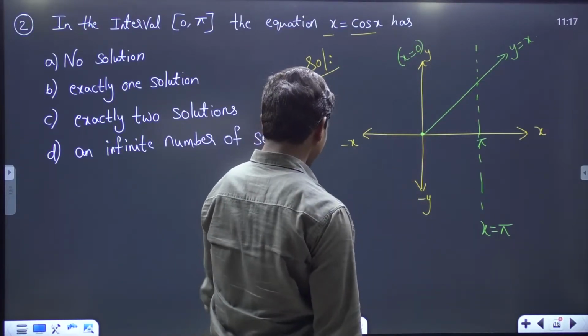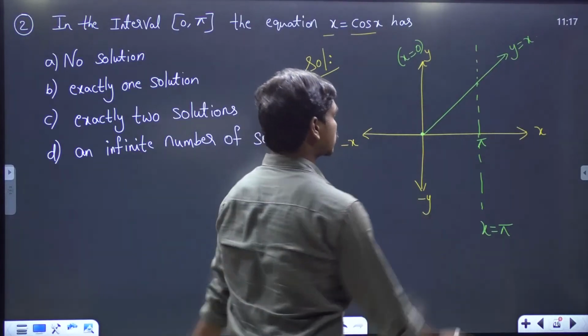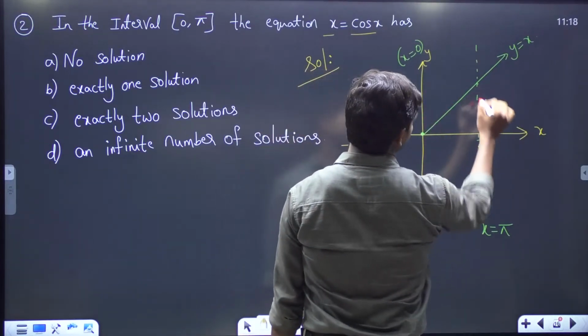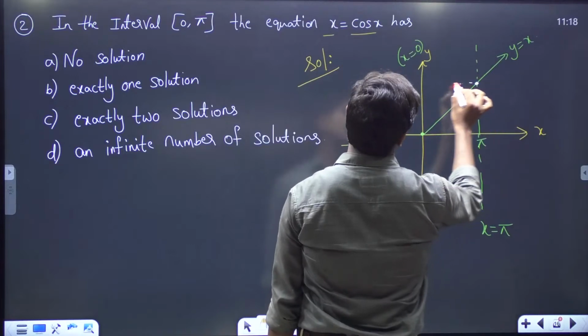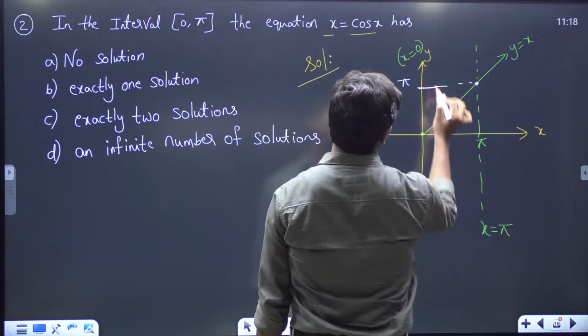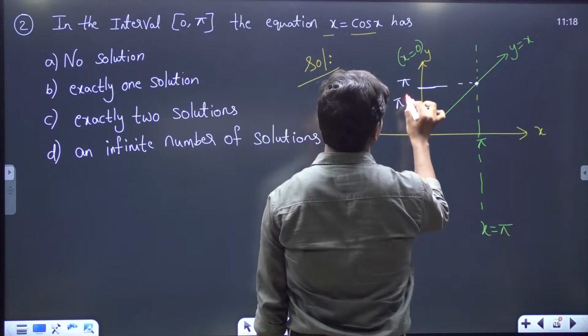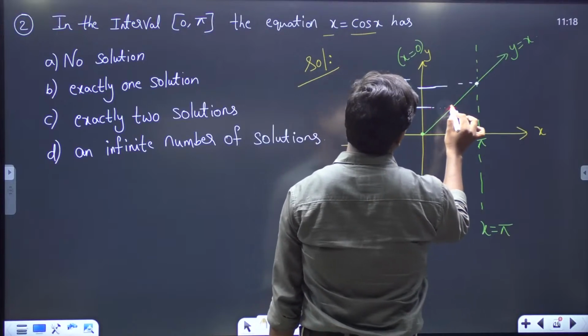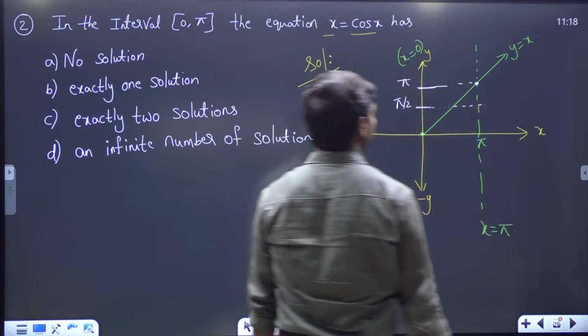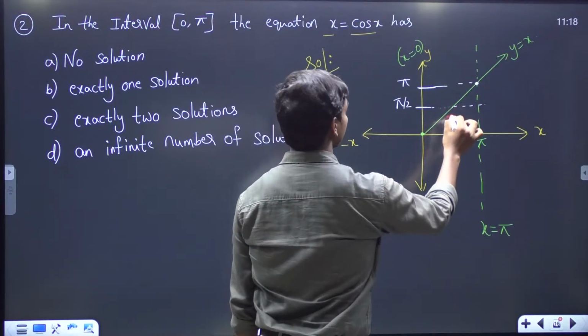So see here, if you draw the graph y is equal to cos x, if this is pi, this is also pi, which means pi by 2 is somewhere here, and at pi by 2, cos 90 is 0.